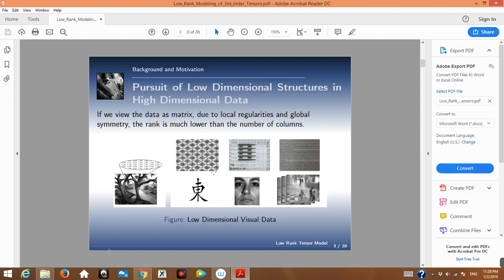So if we consider this image to be in a high-dimensional space, we know it has a low-rank structure. That is, what we want to do is to pursue the low-dimensional structure in the high-dimensional space.